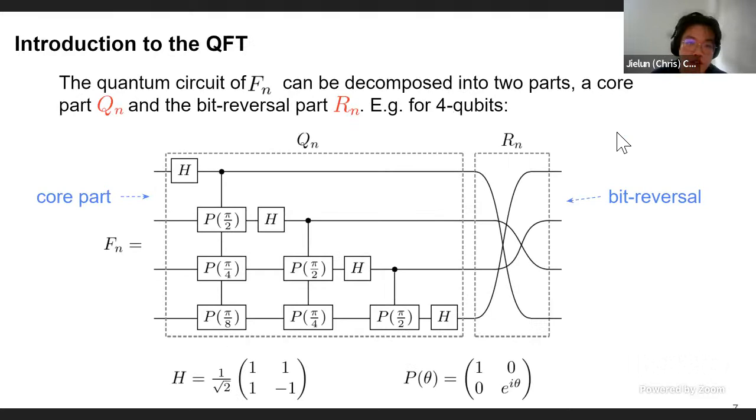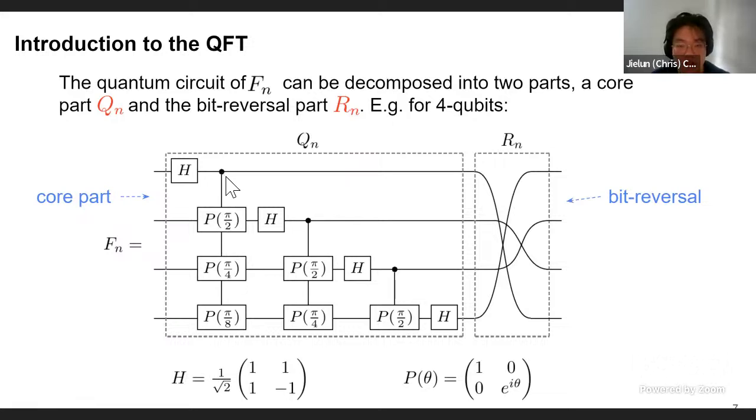The quantum circuit of the Fourier transform can be decomposed into two parts, which I call the core part and the bit reversal part. The core part essentially consists of Hadamard transform gates and phase gates. And this dot here basically means a controlled gate, where if the first qubit is 0, you don't apply the gates on the rest of the qubits.